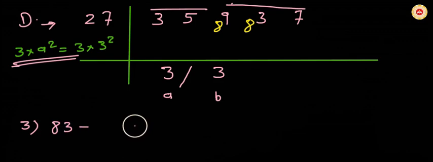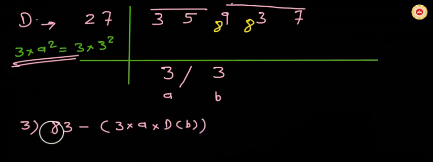We subtract 3 multiplied by A multiplied by duplex of B, right? 83 minus 3 multiplied by A multiplied by duplex of B.